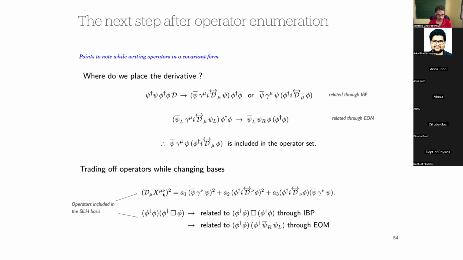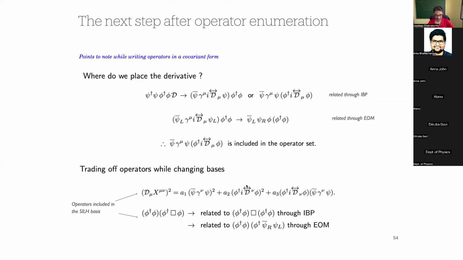Okay. So now what I was telling is that if you have this operator, phi dagger phi, phi dagger box phi, this is related to this operator, or this particular operator, through the equation of motion, right? So these are 1 or 2 examples.